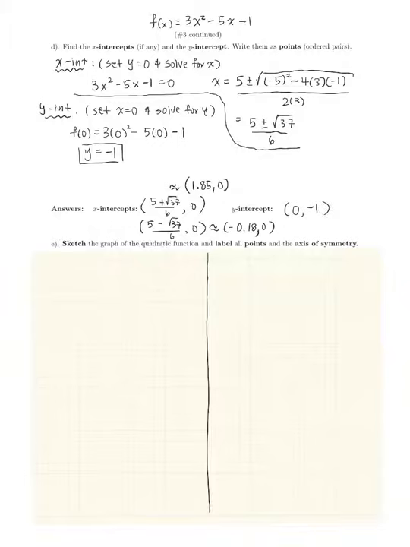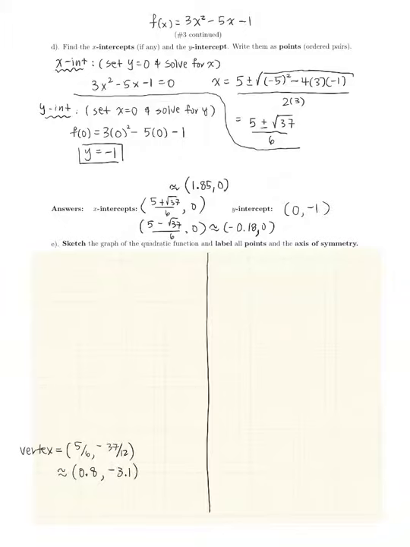From the previous problem, our vertex was 5 over 6, and negative 37 over 12. That's another ugly number, so approximately this is 0.8, comma, negative 3.1.